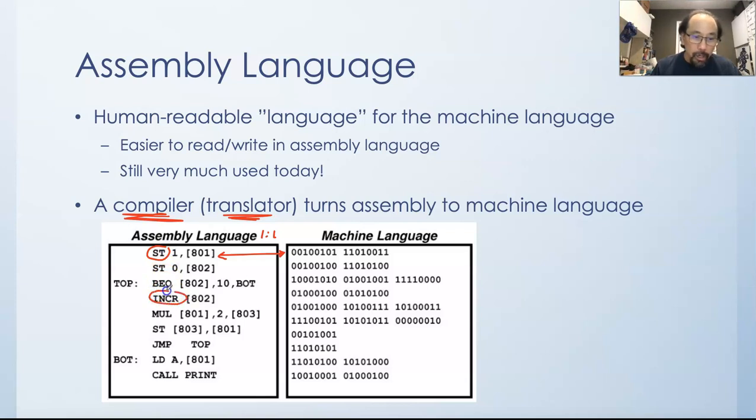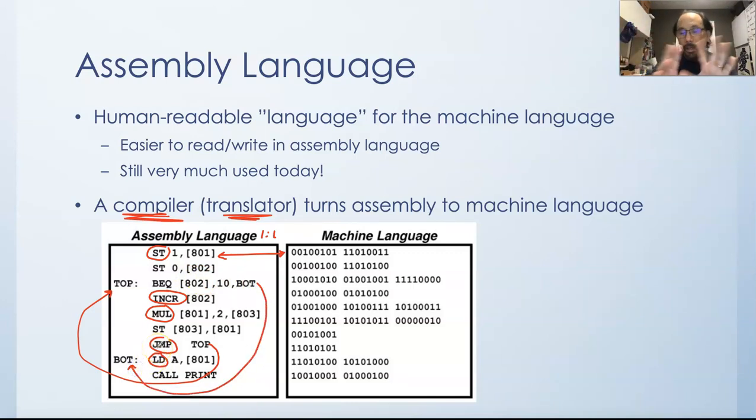This means increment, multiply, jump, load. And you can see here it says jump to the top. And this one here you might not be able to guess, BEQ, but this is a branch, and it says branch maybe to the bottom.